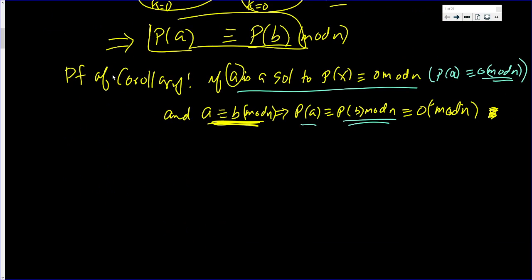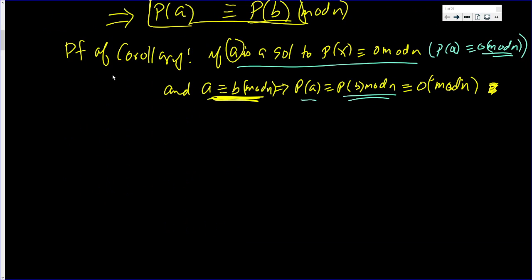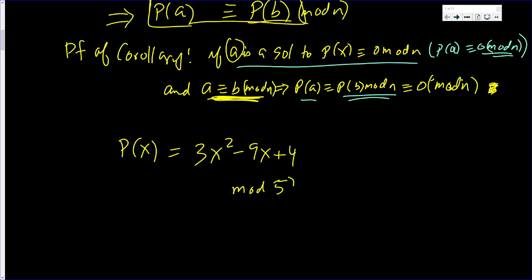Now, I just want to show you that this really is true. Suppose that p of x is, I don't know, 3x squared minus 9x plus 4, and let us do mod 5. We know that 7 and 2 are the same mod 5. So let us look at p of 7.